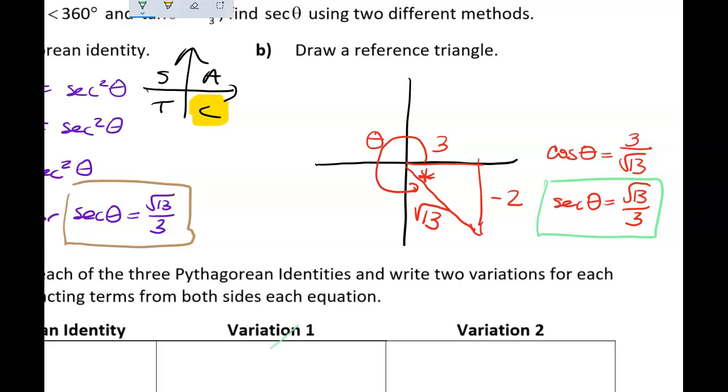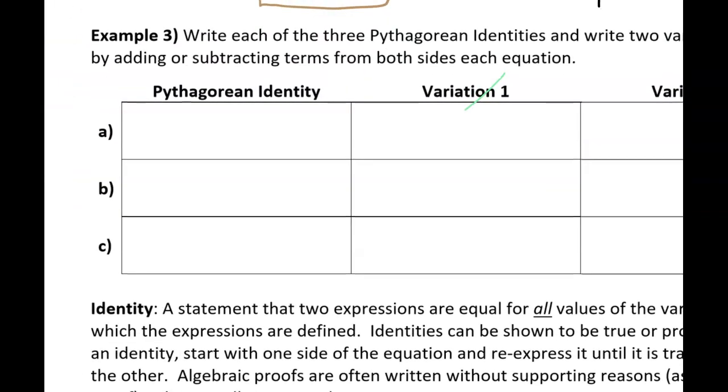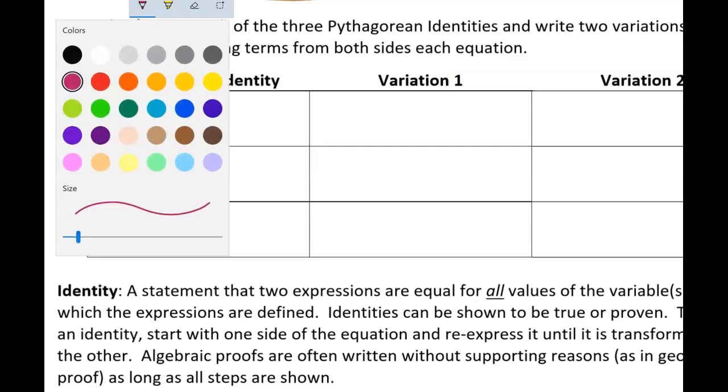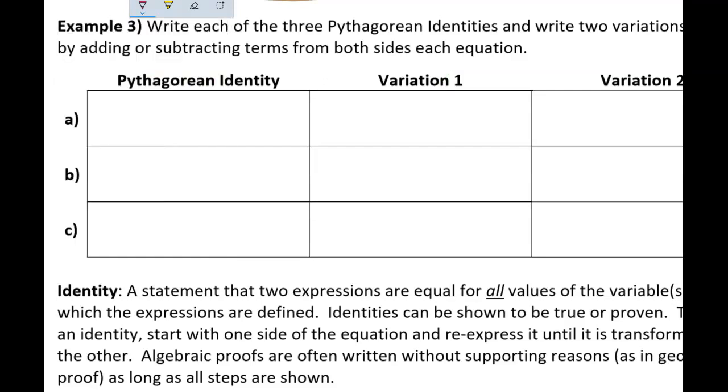All right, now we're going to talk a little bit about variations on the Pythagorean identity. So variations are formed by taking and rewriting the Pythagorean identity by subtracting or adding things from both sides of the equation.